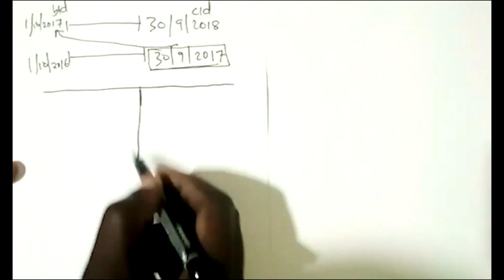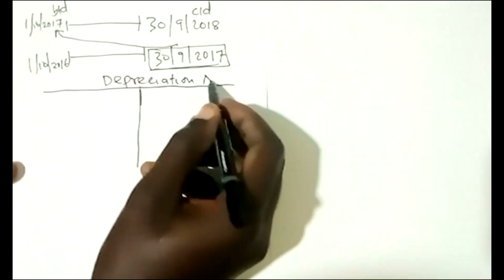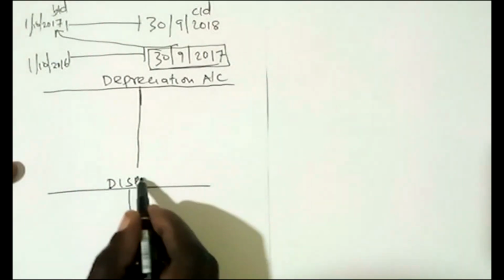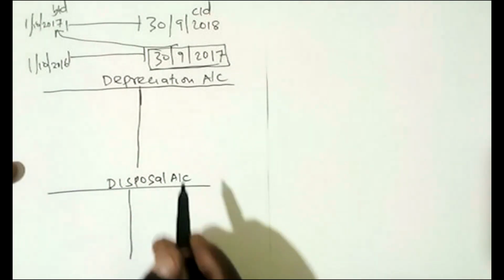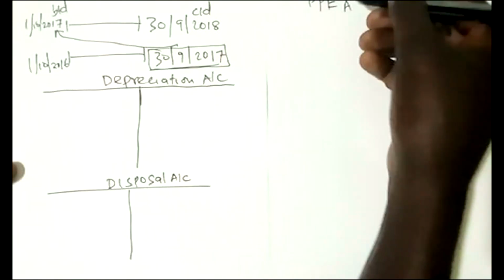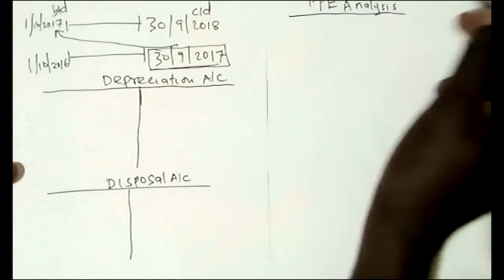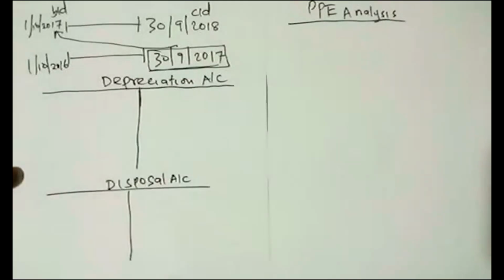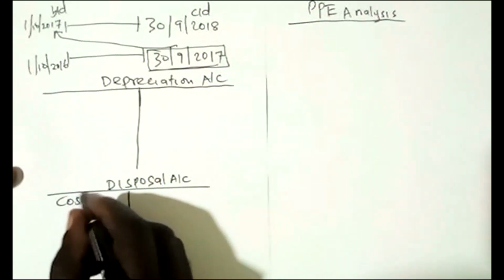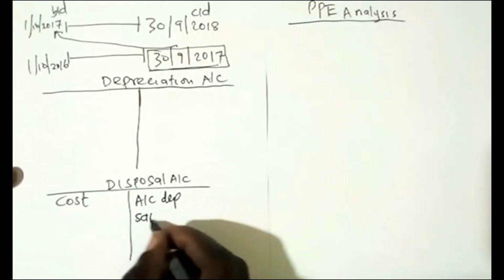Depreciation account goes hand in hand with disposal account, of which again I have to do PPE analysis. So these 3 are done concurrently. For the disposal account, you know that you debit costs, you minus accumulated depreciation, and the sales proceeds.